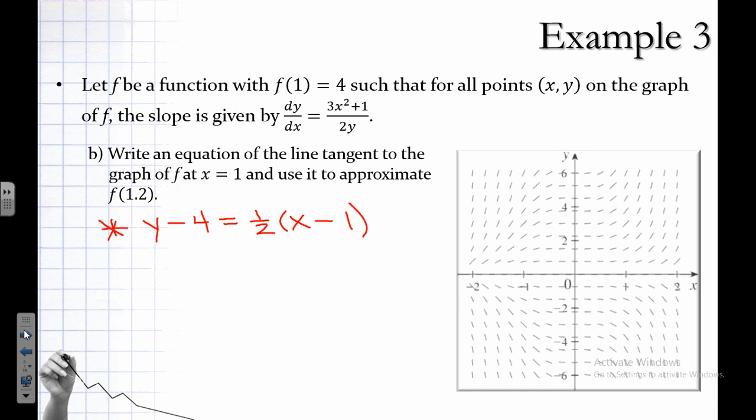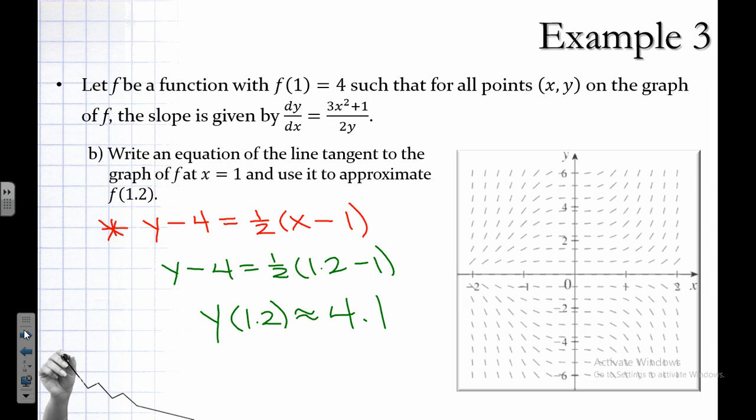It is nice to have it in point slope form, because all we have to do is plug in 1.2. Slope intercept would not be better. Okay, 1.2 minus 1 is 0.2, times 1/2. So the y coordinate at 1.2 is approximately 4.1.